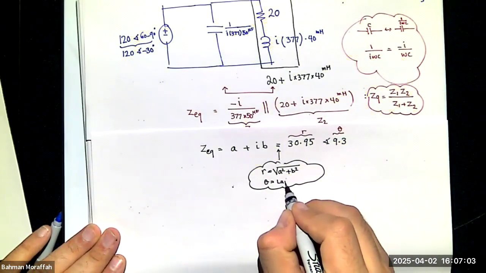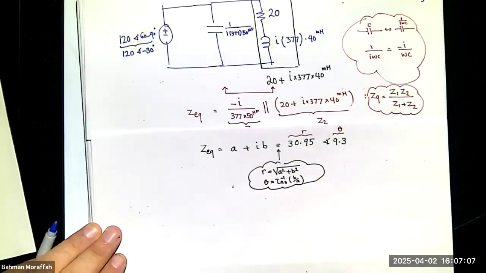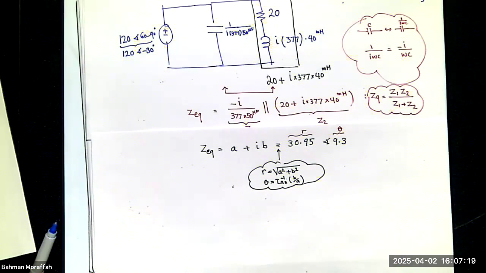Theta is tangent inverse of B over A. So I can easily get that. I can give it to my calculator and it spits out that number. The only thing I need to make sure of is that I know exactly in what quadrant this A plus IB is located to get the right angle. It turns out this is basically the simplification.